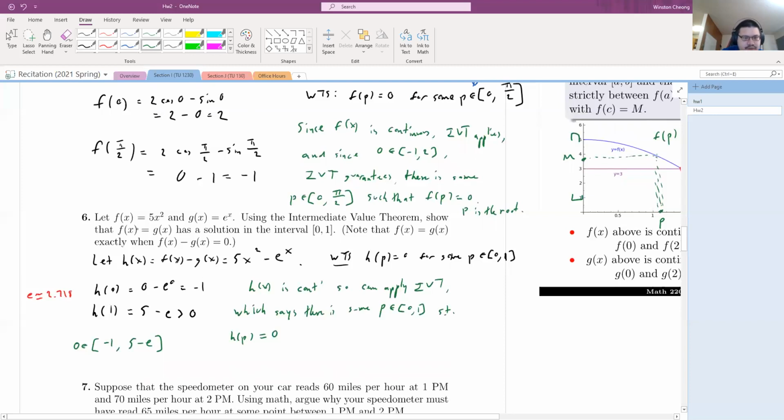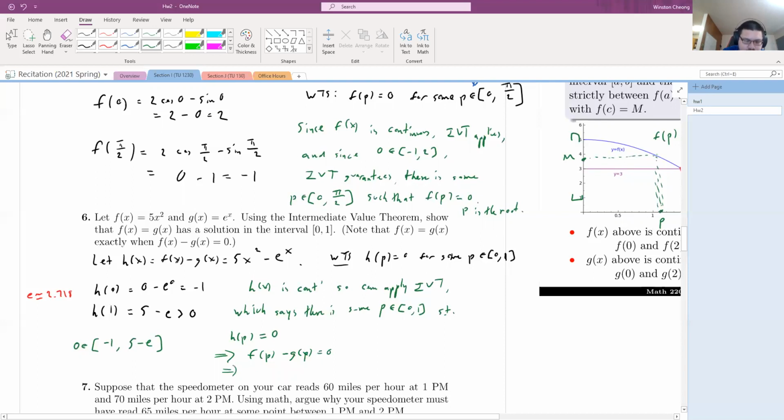So I'm just unpacking that little shortcut, the statement I sort of hid in here. And then the last thing is we want to relate this back to what the problem is actually asking for. It wants us to find a solution for the equation f of x equals g of x. So I will relate this back by using some implications. This fat arrow means implies. First of all, what is h? We define h to be the function f minus the function g. So now I'm unpacking that.